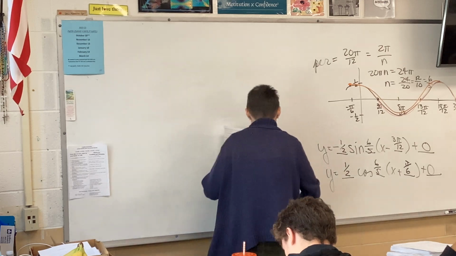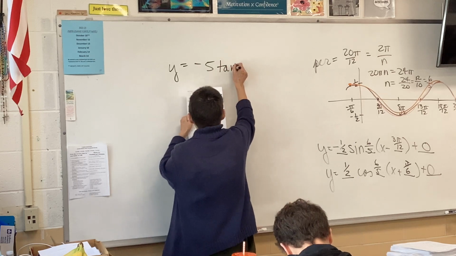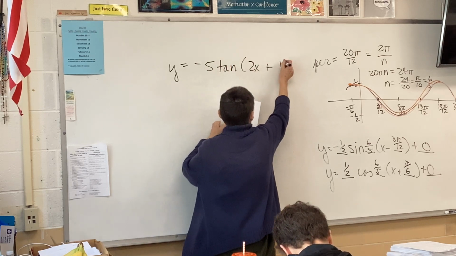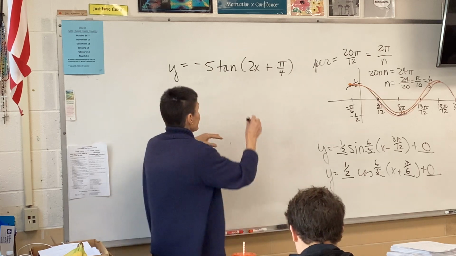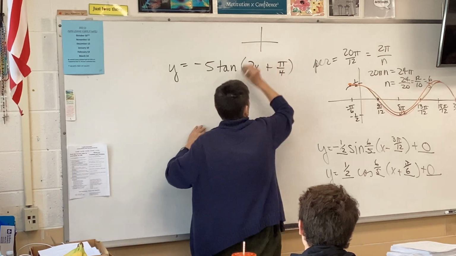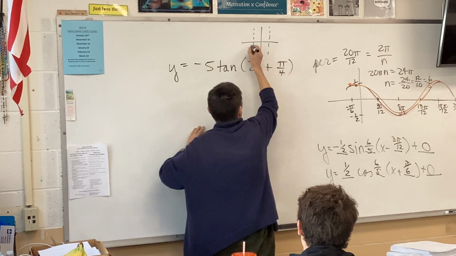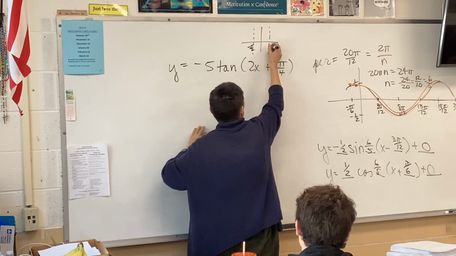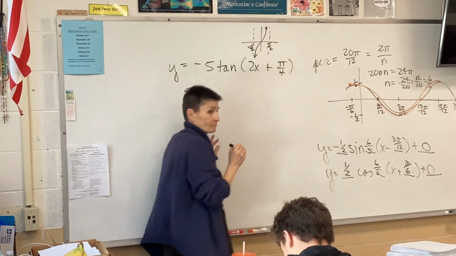Okay, so let's refresh our memories here. What does a tangent even look like? We got sine and cosine there, but what does a tangent even look like? Asymptote at negative pi over 2 and positive pi over 2, and then a squiggly like that.